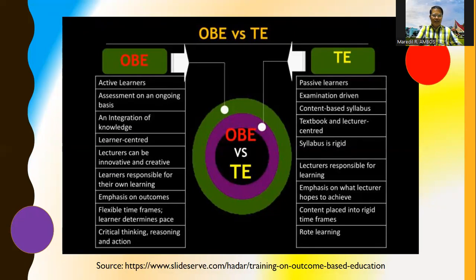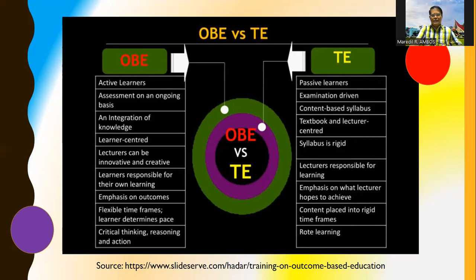Then there is integration of knowledge in the OBE, whereas traditional education is more on content-based syllabus, textbooks and lecture centered. In the OBE, it's more learner centered, and lecturers can be innovative and creative.